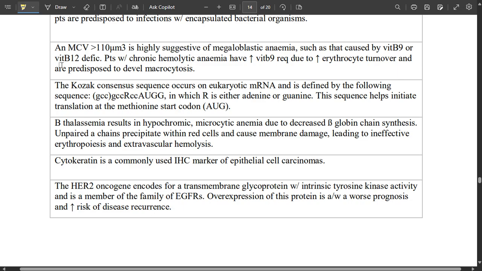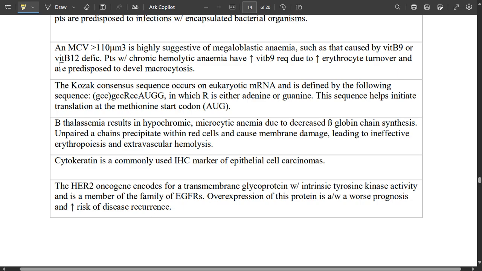So chronic hemolytic anemia requires a high amount of folic acid. Alright, patients with chronic hemolytic anemia have a high vitamin B9 requirement.